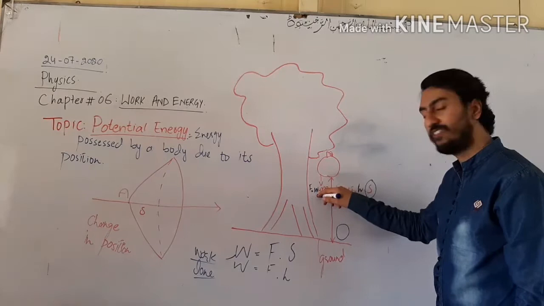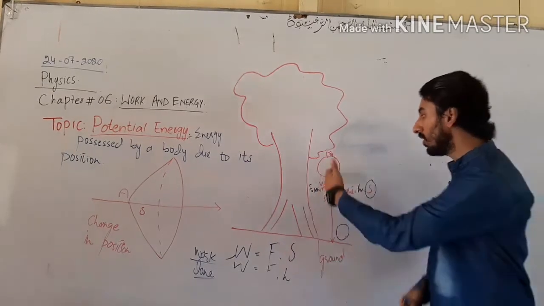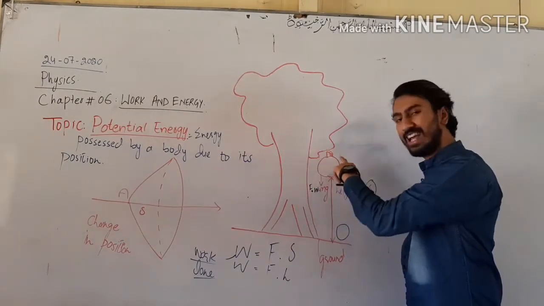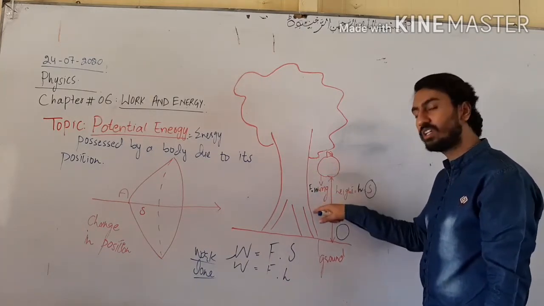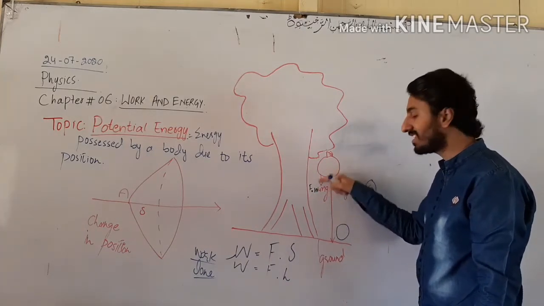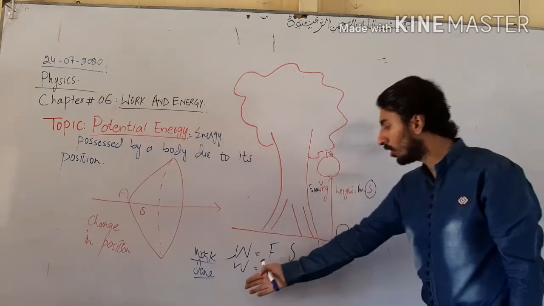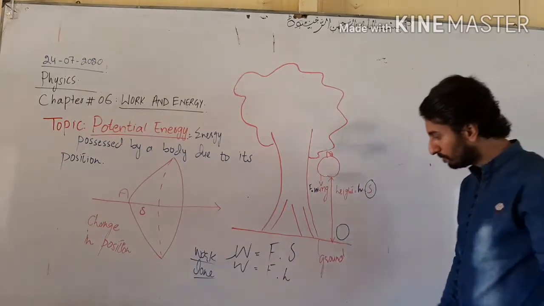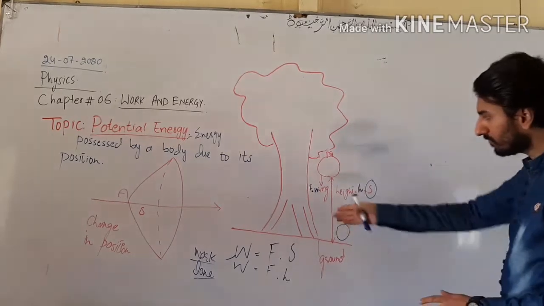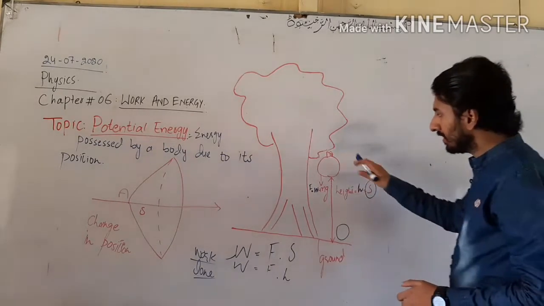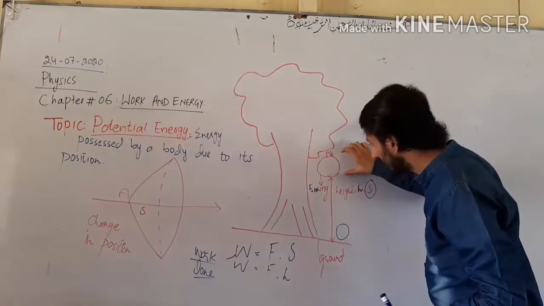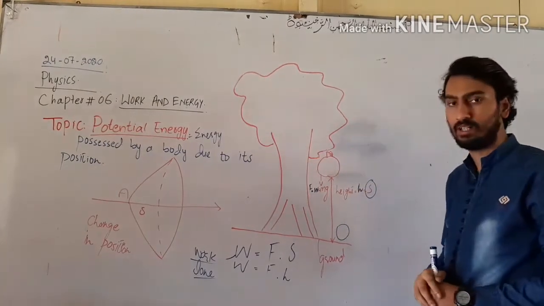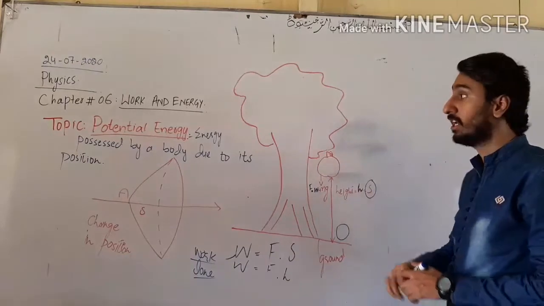The force of weight acts downward. So this all explains work done: force acting on a body in the downward direction, the body covers distance in the direction of force, so work is done. Now you can see that this work is done due to the height, the position of the apple.